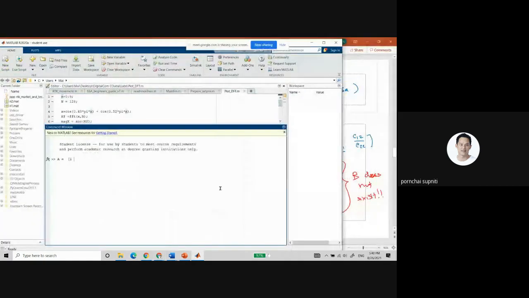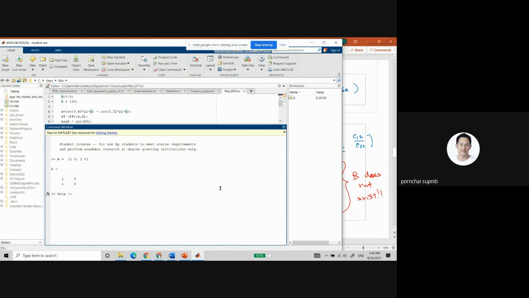In MATLAB, you can say 1, 0, and then 1, 0, so you get A like this. And then for B, we just say inverse of A. It's one way.